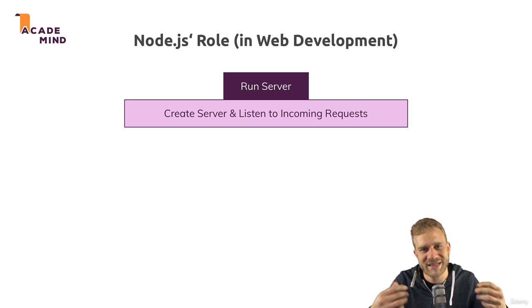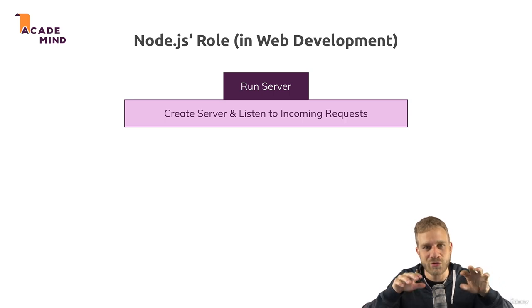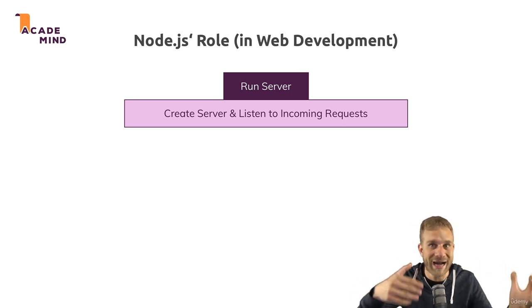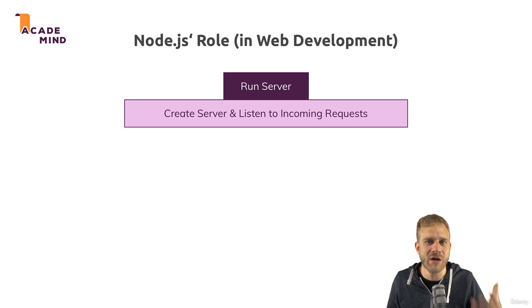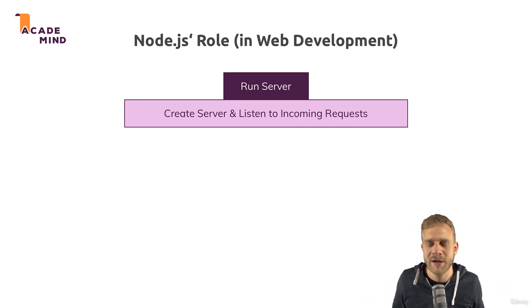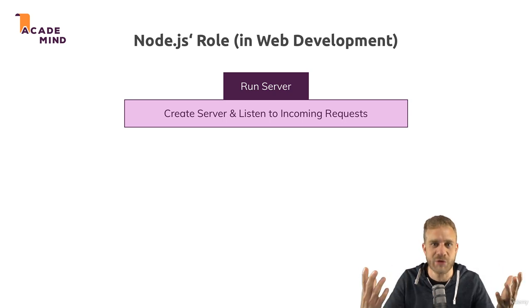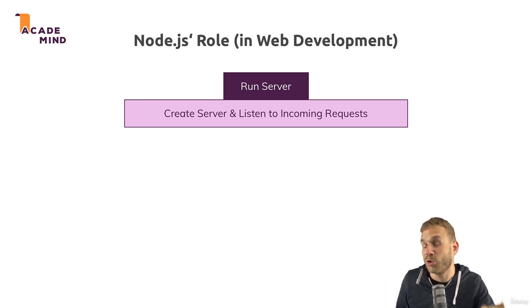So the code that takes the incoming requests and routes them to your, well, other code. In PHP, you have extra tools like Apache or Nginx, which run the servers, which listen to incoming requests and then execute your PHP code. Here, Node.js does both. It does that listening, and it then also does whatever you want to do in your code. So that's important, and that's something you'll see in action soon.